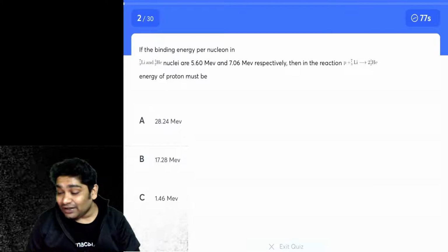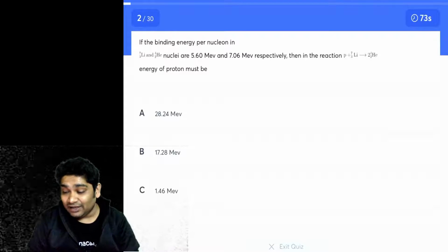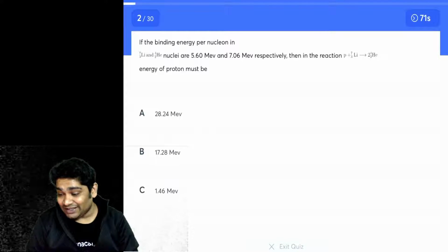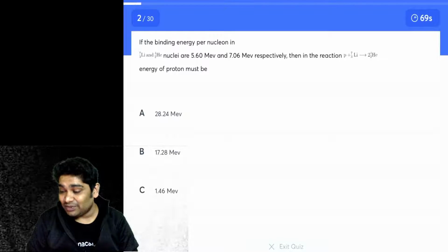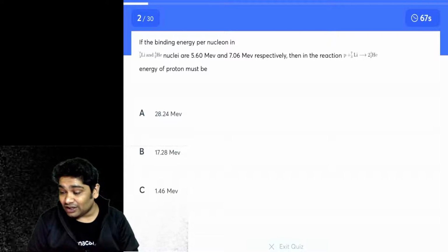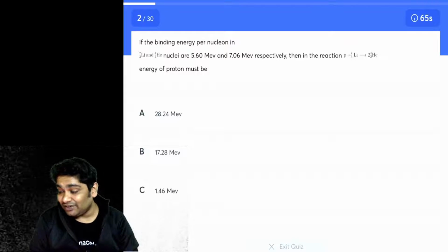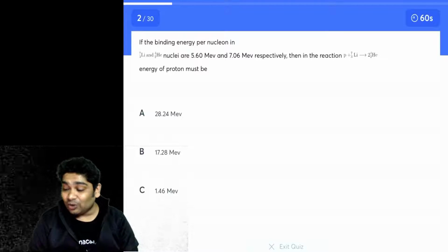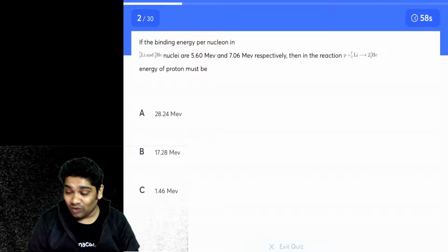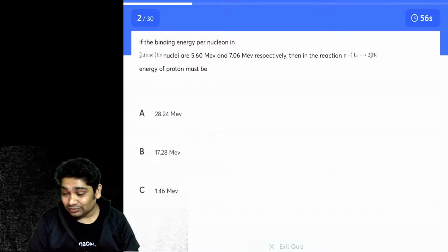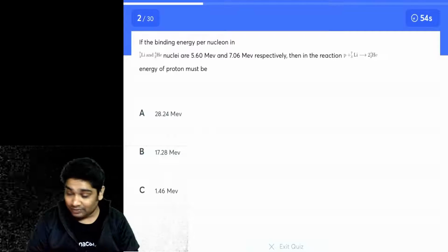It says if the binding energy per nucleon of lithium and helium nuclei are 5.6 and 7.06 electron volt respectively, then in the nuclear reaction proton plus lithium giving you 2 helium, the energy of the proton must be. What must be the energy of the proton?